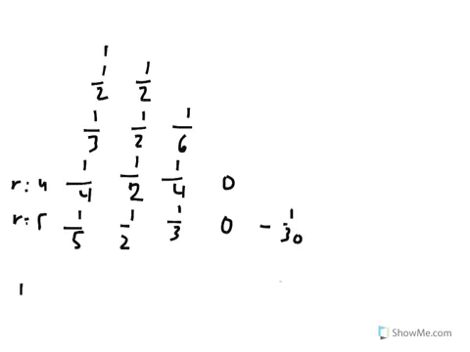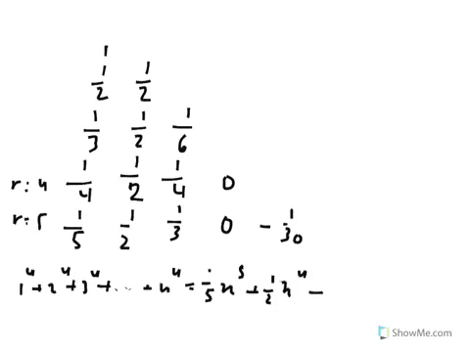And this means that the sum of 1 to the 4th plus 2 to the 4th plus 3 to the 4th up to n to the 4th, as an expanded polynomial, will be 1/5 n to the 5th plus 1/2 n to the 4th plus 1/3 n to the third, plus 0 n squared minus 1/30 n.